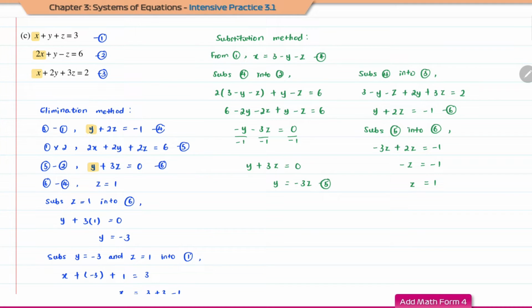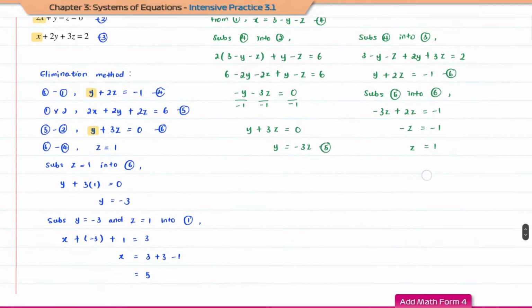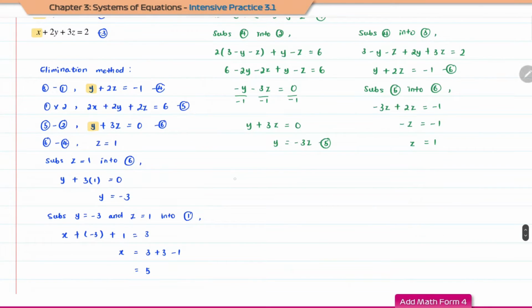Alright, so next I'm going to substitute z equal to 1 into equation number 5 in order to find the value of y. So therefore, y will be equal to negative 3.